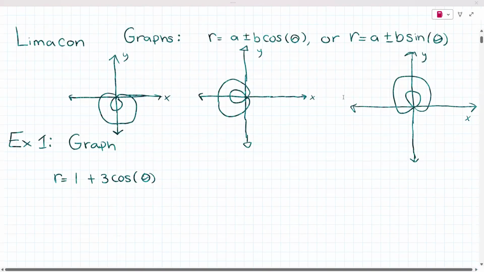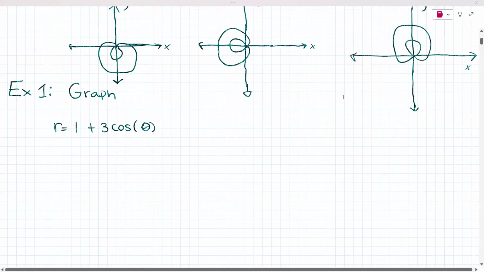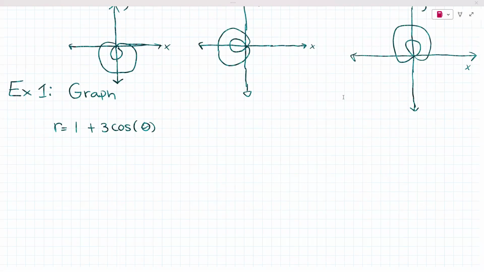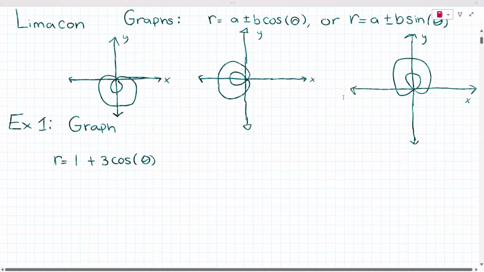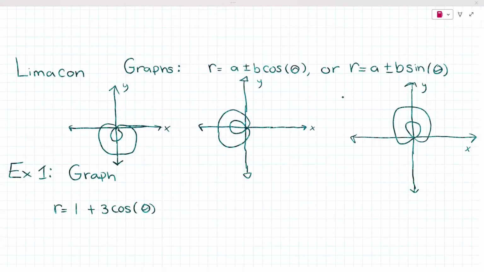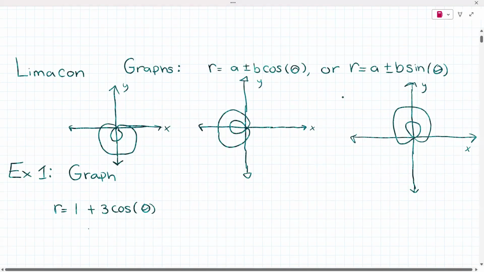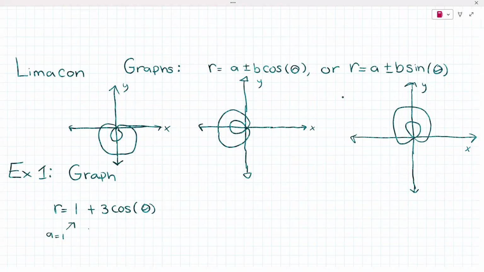So let's look at example one. It says graph r equals 1 plus 3 cosine theta. What we've got to do is figure out our a and our b. So it looks like our a is 1, and my b is 3.